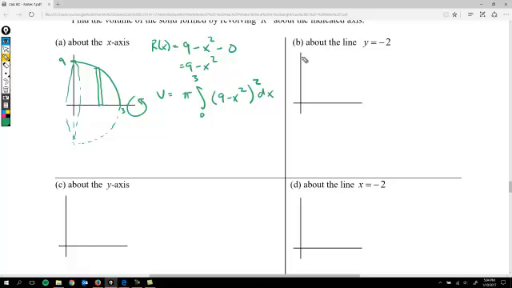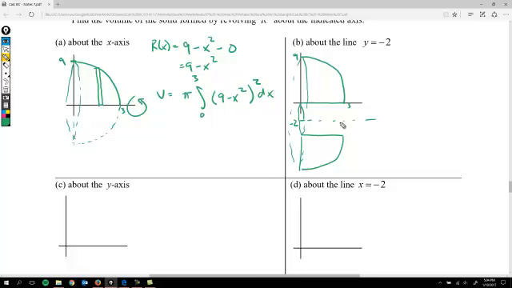All right, let's do it again, except this time I'm rotating it about the line y equals -2, which is down here. I'm taking this function and rotating it about y equals -2, and I would end up getting this very large, weird volcano looking thing with a hole in the middle.